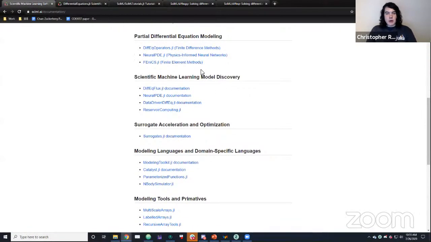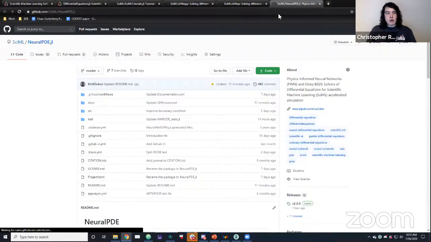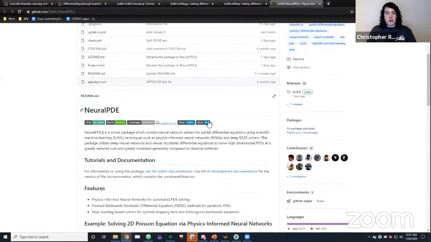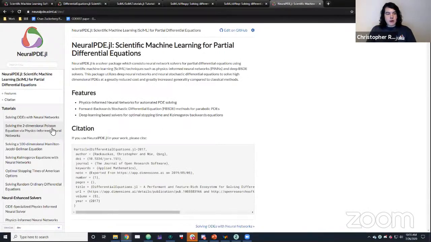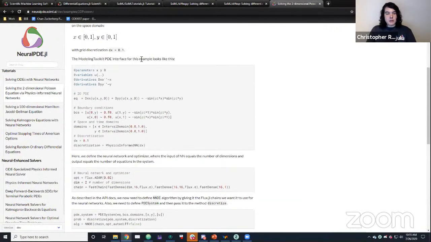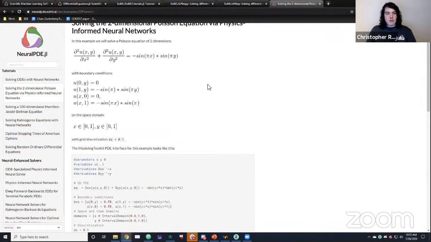Now, beyond that, we also have a lot of tools. For example, NeuralPDE.jl is one of these newer libraries for these automated PDE tools, where you can find out how to solve the two-dimensional Poisson equation from a purely symbolic description. So here we have a mathematical description of Poisson's equation.